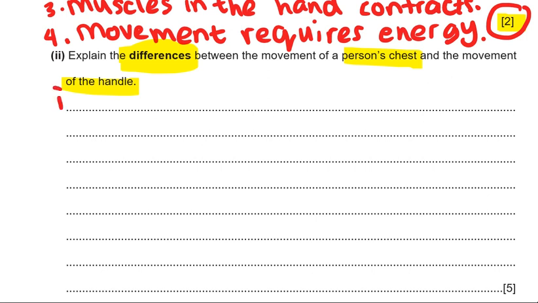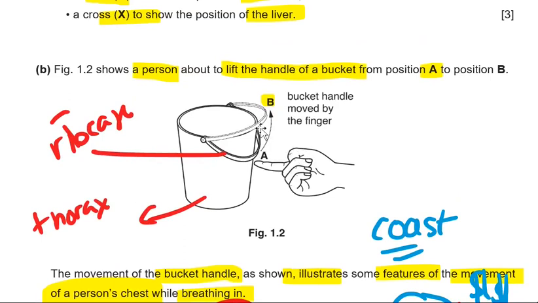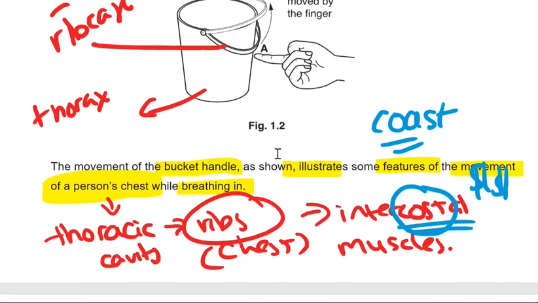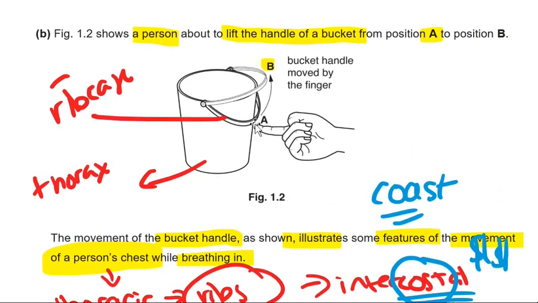Okay, so the first part is obviously the fact that this person is moving that handle as many times as they want, and they can even stop. But for you guys, even though you can control the rate of breathing sometimes, so you can definitely tell yourself to breathe in, breathe out, and control that, the breathing in and breathing out, inhalation, exhalation, is actually involuntary.